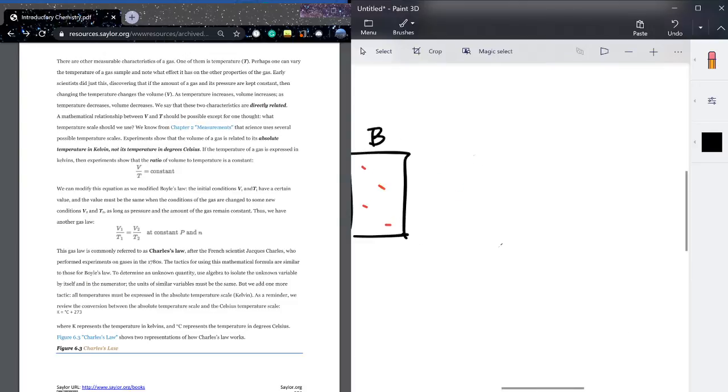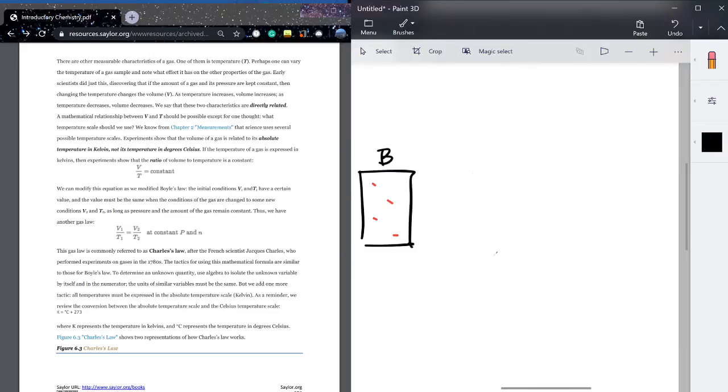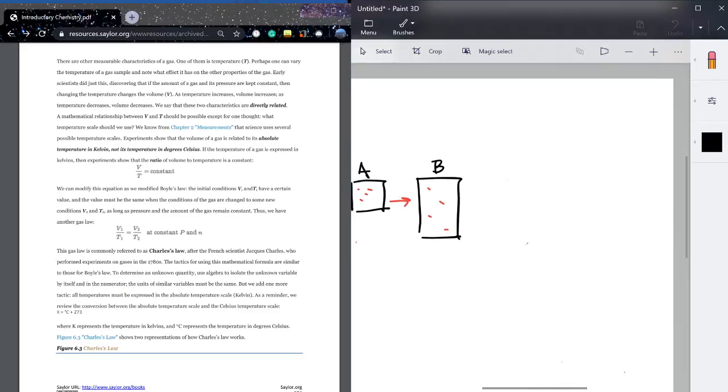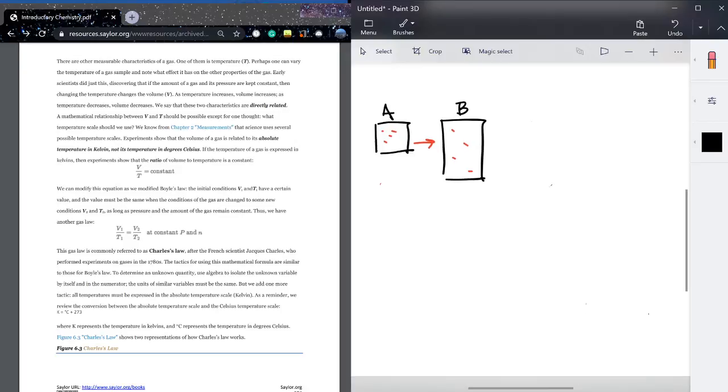Since all of this is based on pressure, talking about collisions, let's look at the volume and pressure relationship and try to figure out what the relationship should be with temperature. So like we just said, P1 is inversely related to volume.